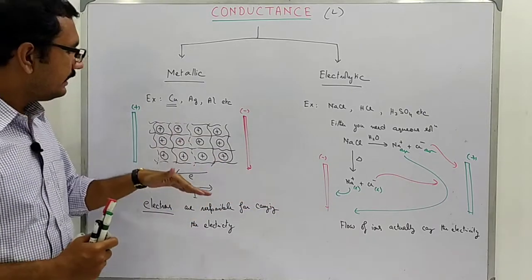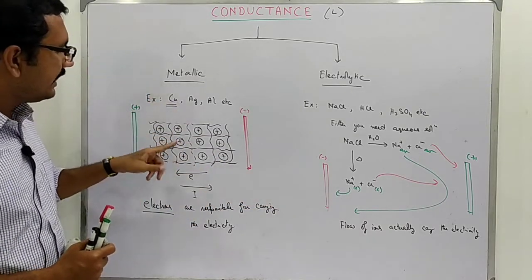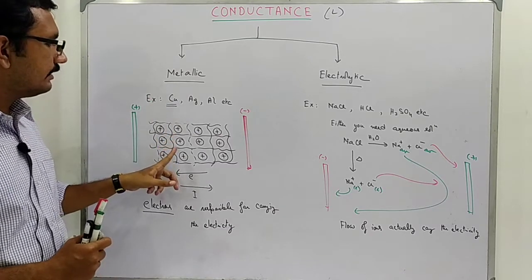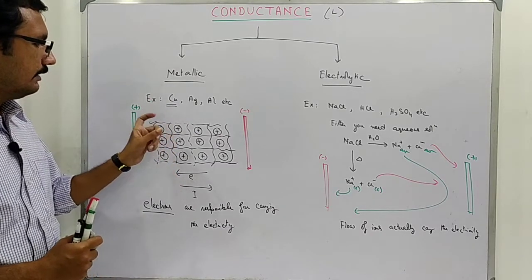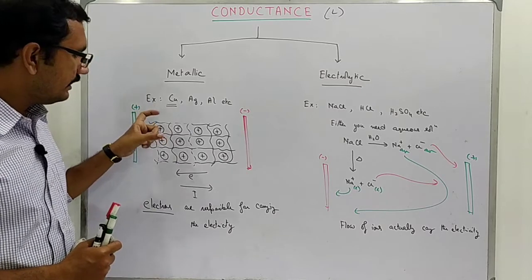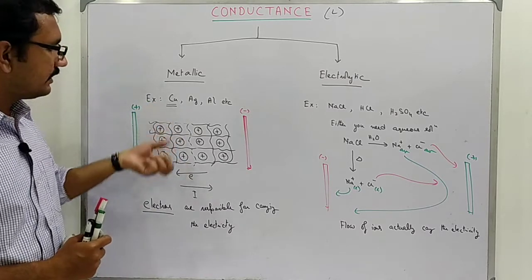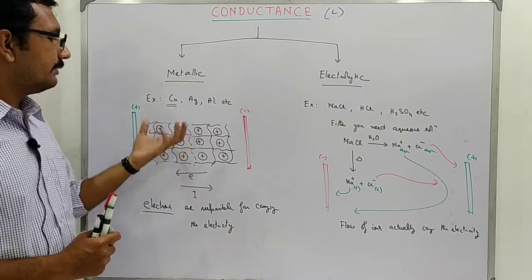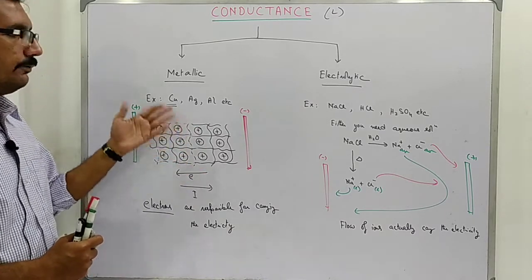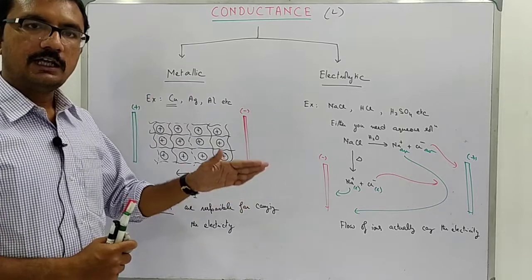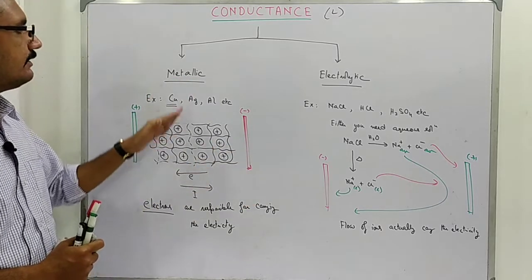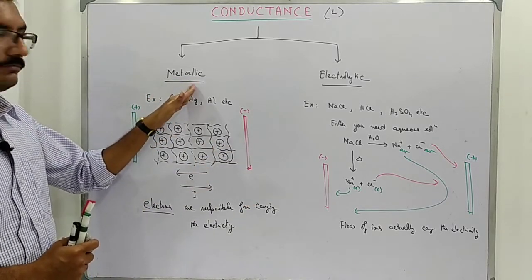And another thing is that this sea of electrons will be attracted by these oppositely charged kernels. So, the attraction between the oppositely charged species and the vibration of the kernels is responsible for the obstruction of the flow of electrons, and that is the source of resistance in case of a metallic conductor.